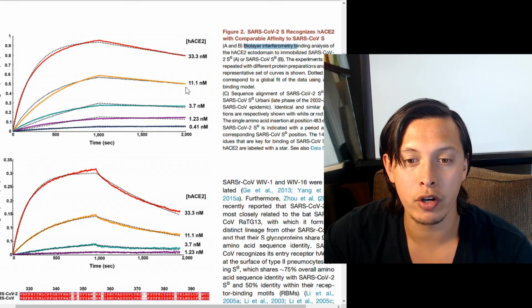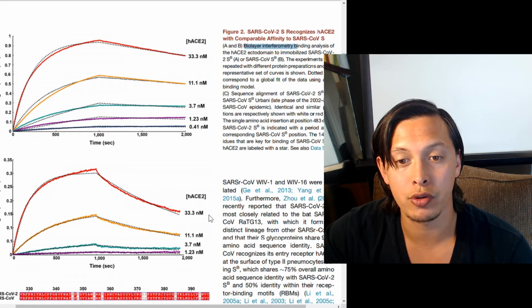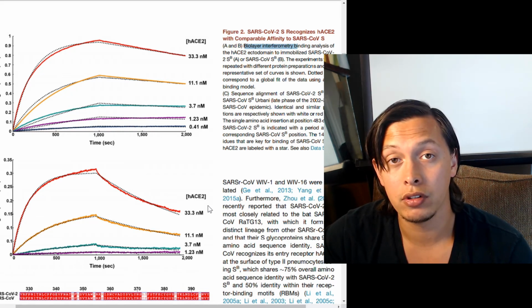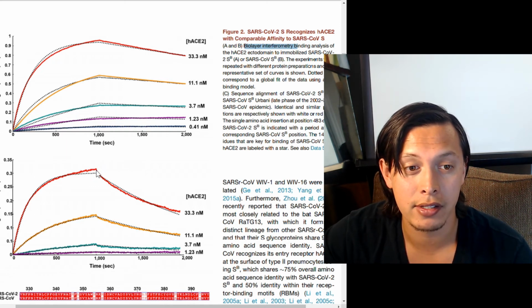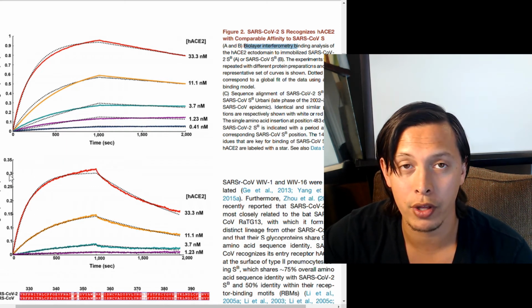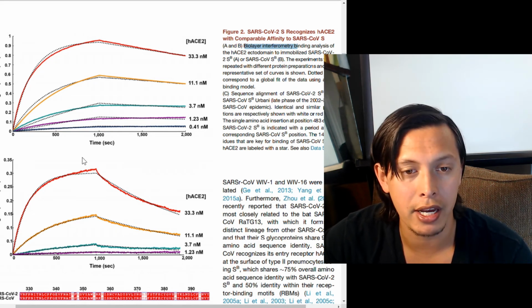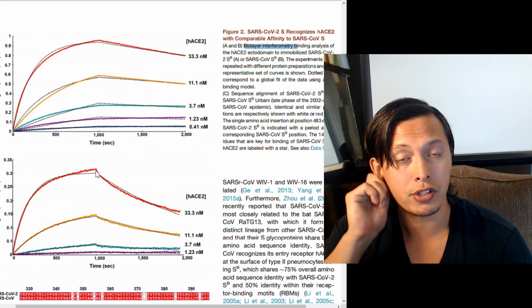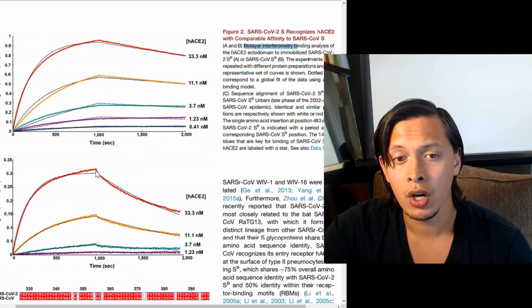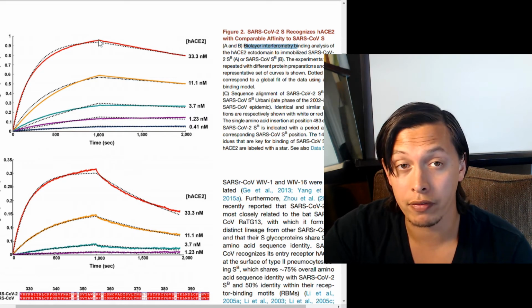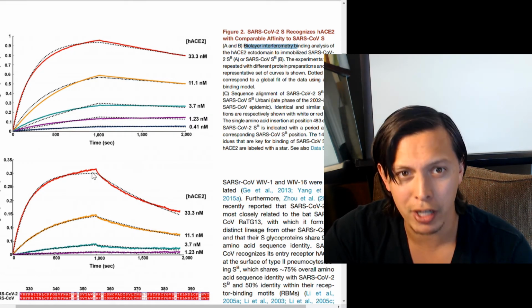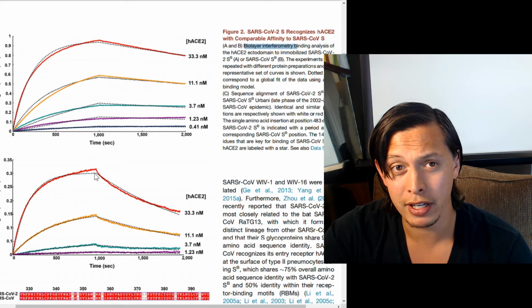If you go to the same 33.3 nanomolar concentration of the original coronavirus, you can see that the signal at 1,000 seconds is only 0.3, or 0.33, we'll say. So all other variables controlled for, we can argue that this new coronavirus binds much better than the old coronavirus.